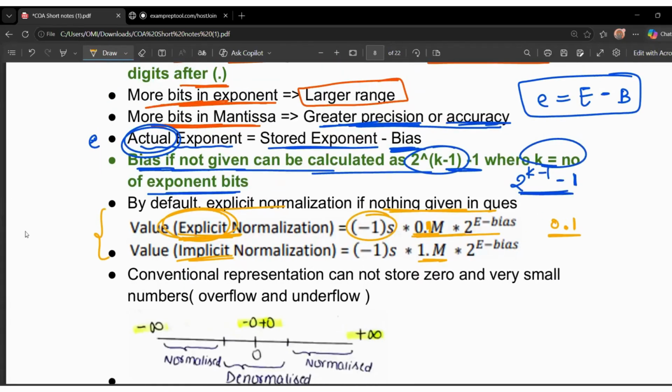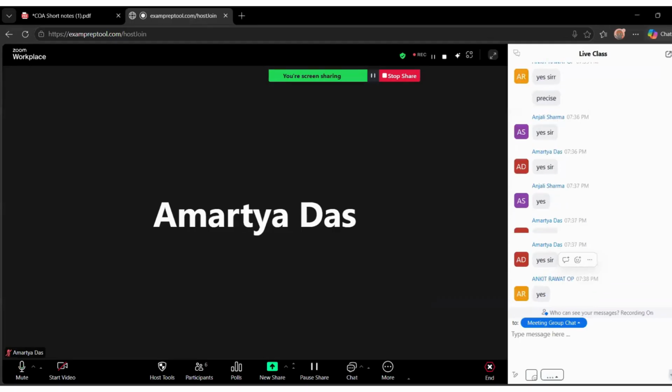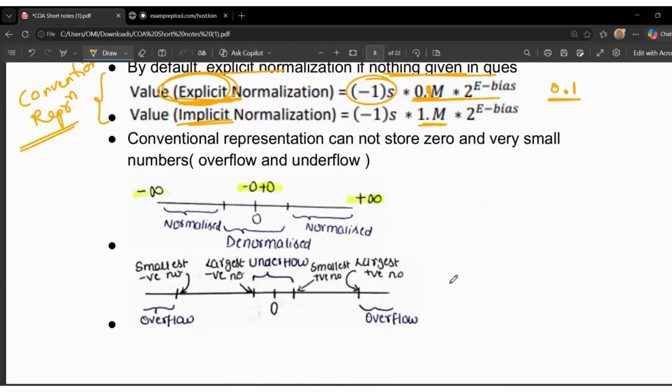So currently we are looking at the conventional representation. In the conventional representation, we can't store 0 and very small numbers.